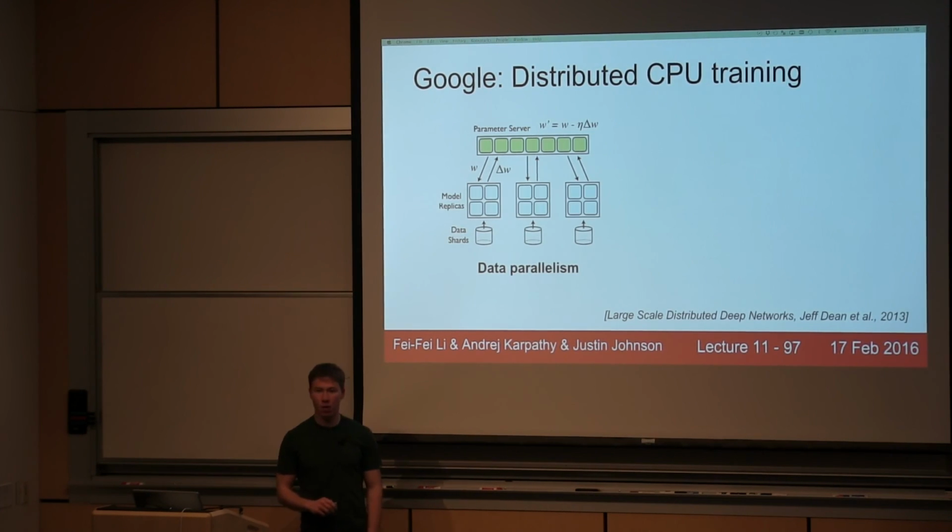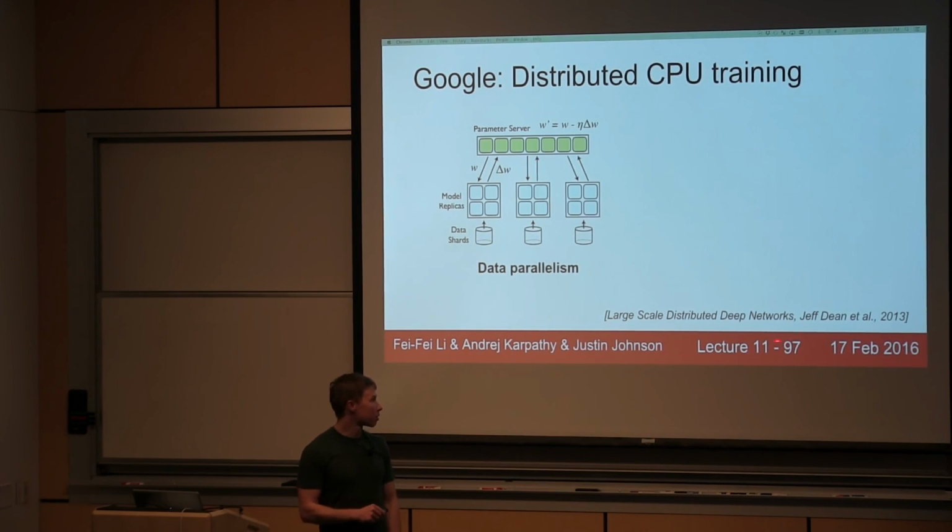Another idea from Google is that before there was TensorFlow, they had a system called DistBelief, which was entirely CPU based, which from the benchmarks a few slides ago, you can imagine was going to be really slow. But actually, the first version of GoogLeNet was all trained in DistBelief on CPU. So they had to do massive amounts of distribution on CPU to get these things to train.